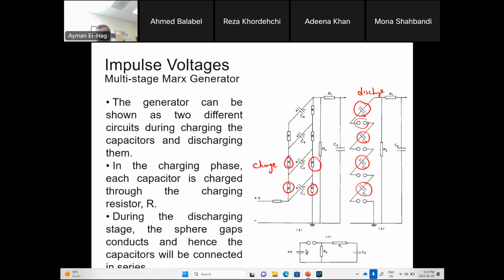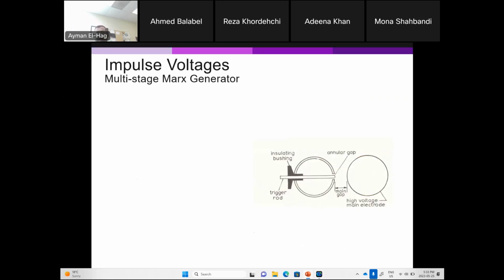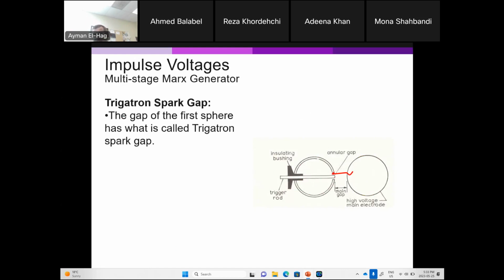Now, in the first stage, how do we ensure that you will have an arc here? Only in the first stage, one of the spheres is hollow and has inside a trigger rod. And this is called the trigatron spark gap. So basically, we trigger this with a pulse.